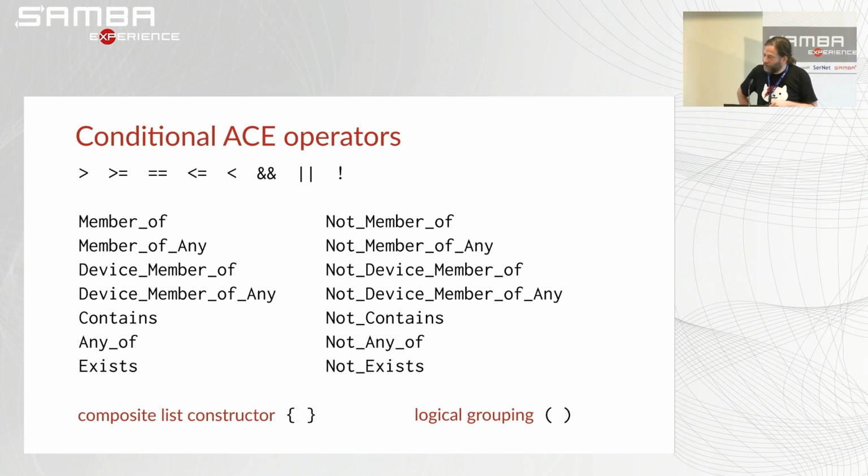Member of any means if it's given the list and it's a member of any of them, member of any is true, but otherwise it has to be the member of all. And then they thought, well, we can put not on the beginning of all of them, even though we've got the not operator, we can save some time doing that. And then there's composite lists, and there's logical grouping, so there's an order of precedence. So in the SDDL, you need that thing. In the actual binary form, it all falls out of the way it's constructed.